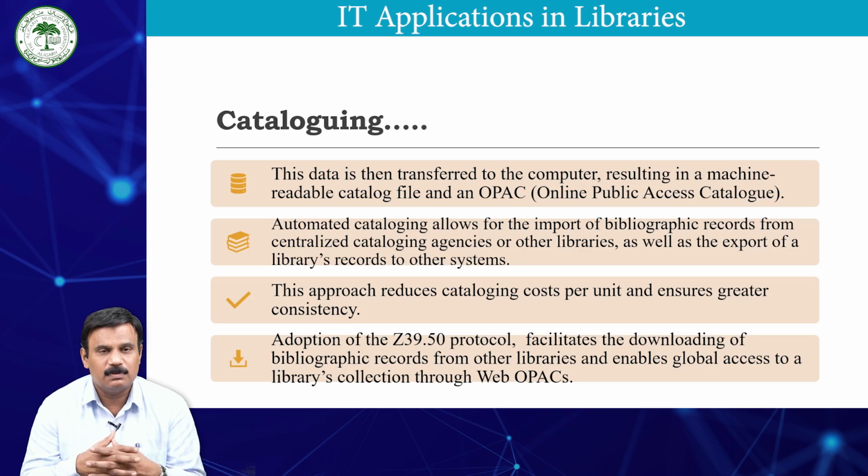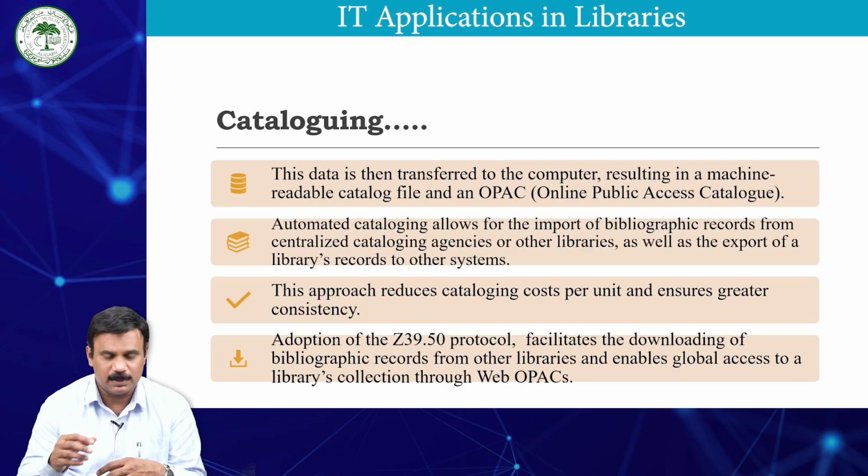And the adoption of the standard Z39.50 protocol facilitates the downloading of bibliographical records from other libraries and enables global access to a library's collection through web OPAC. The web version of the online public access catalog we call a web OPAC.